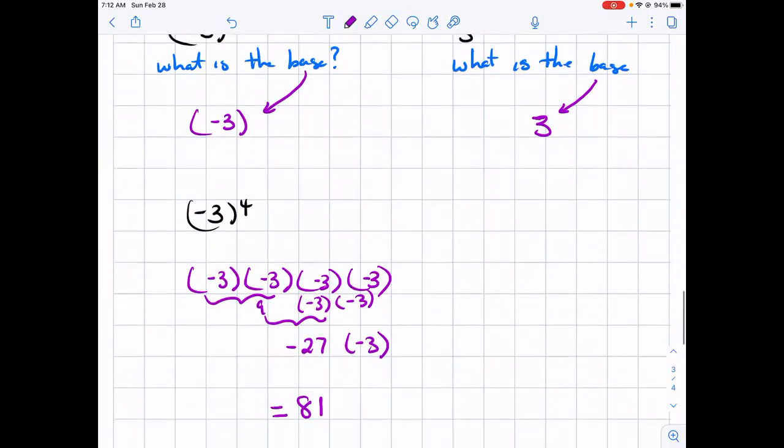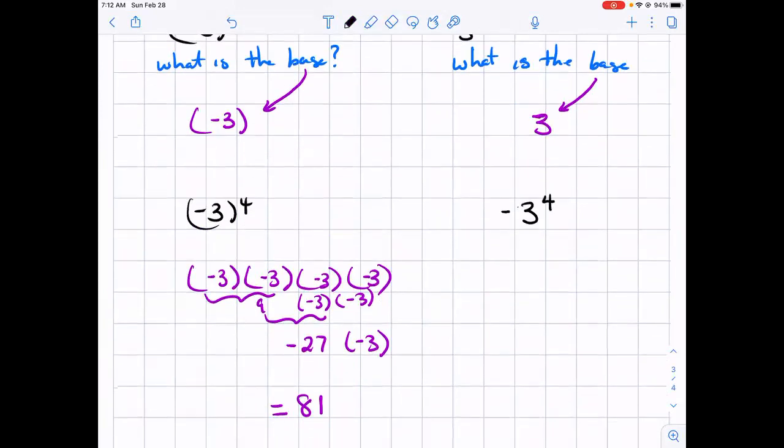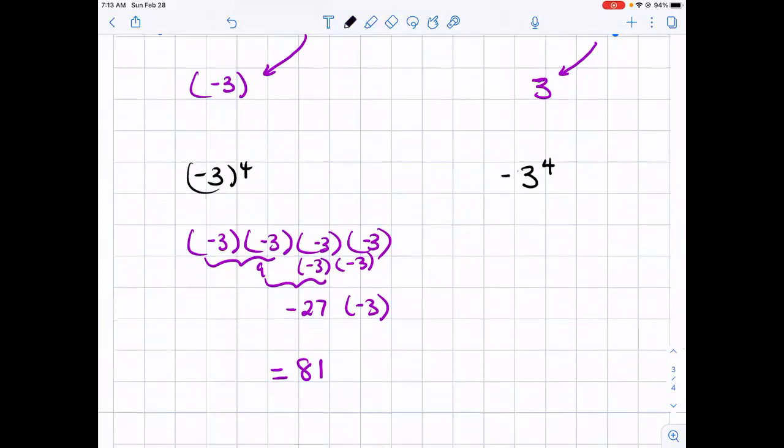Now, in my next expression, we had minus 3 raised to the 4th power without parentheses. So this means 3 times 3 times 3 times 3.